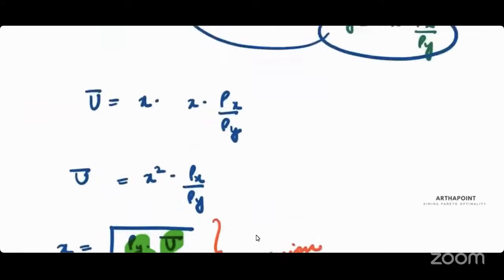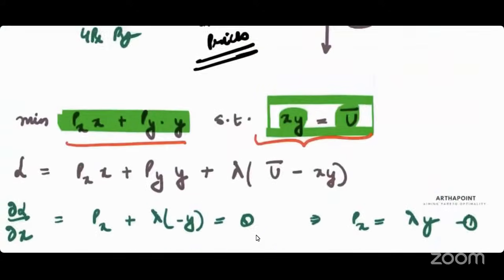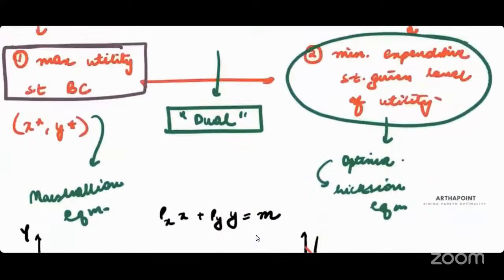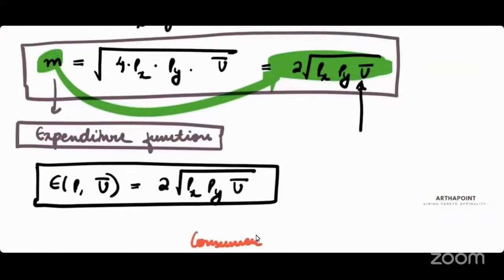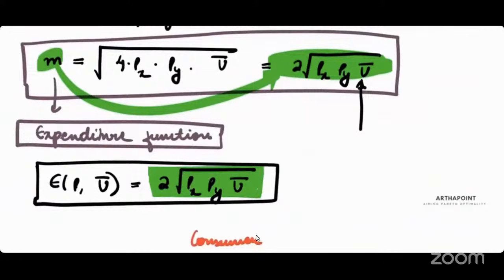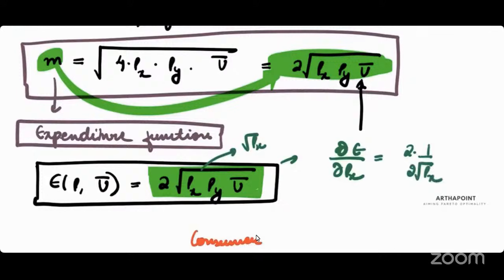We were able to find the expenditure function. See here, this was my expenditure function, 2 root px py into u bar. Just differentiate this with respect to px once, you will get 2. So root px is coming here. Differentiation of this will be 1 by 2 root px into u bar py under root. And if you solve this, you will get py by px u bar under root.